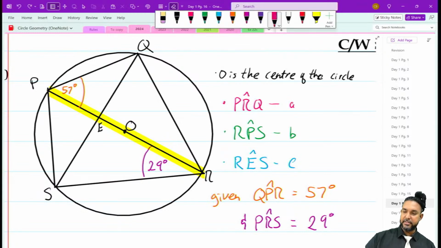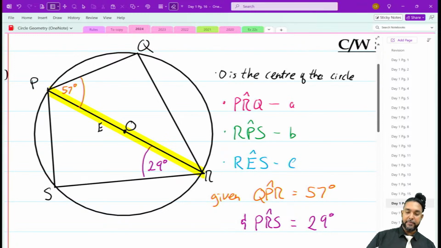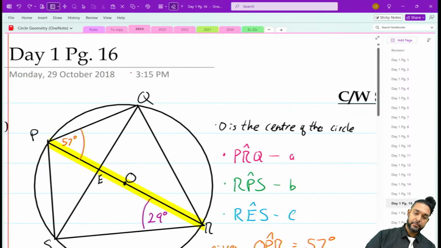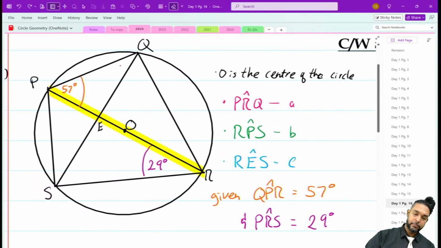And a diameter cuts a circle in half. So if we disappear this for a second, we have two semicircles, well, two triangles, one on top and one below. So the angle at Q is 90 and the angle at S is also 90.